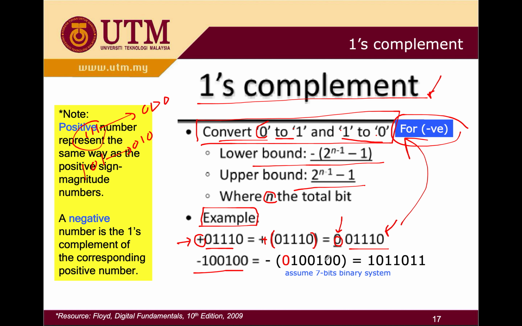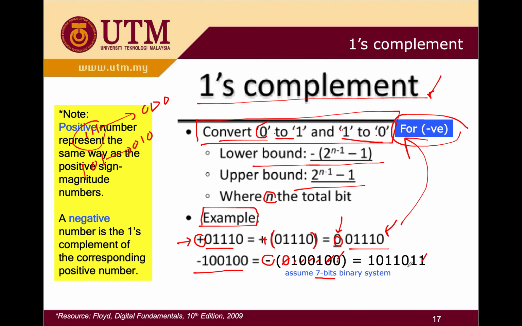Let's say assume that you have this number and it is 7 bits, 1 2 3 4 5 6 7, and it is a negative number. So you need to change it all, 0 to 1, 1 to 0. So this is 0, you change it to 1.